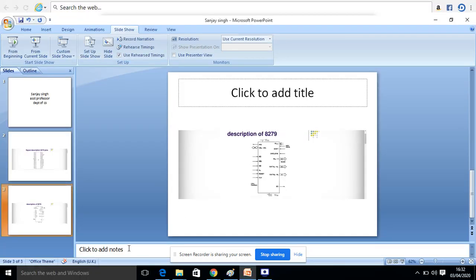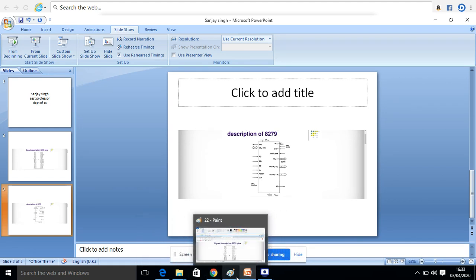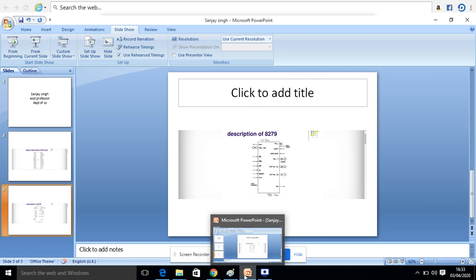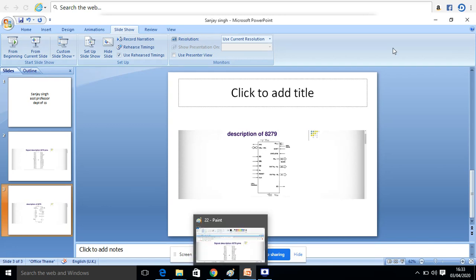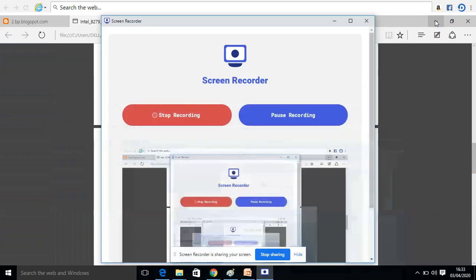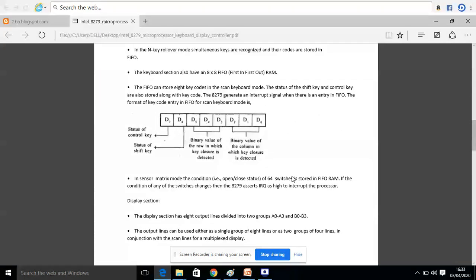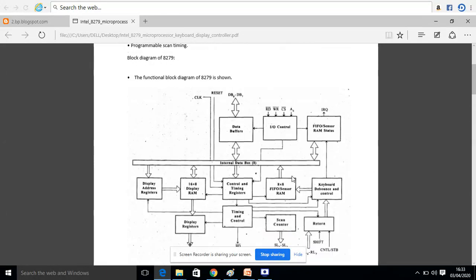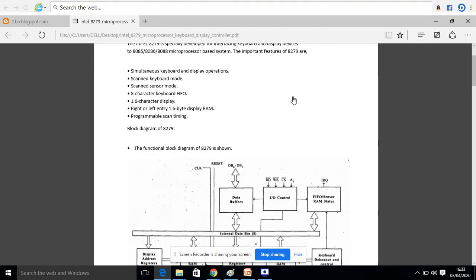Now I will show the description of the 8279. This is the block diagram of the 8279, and in this block diagram you will see that there are four major sections.